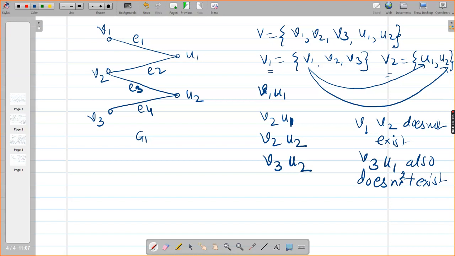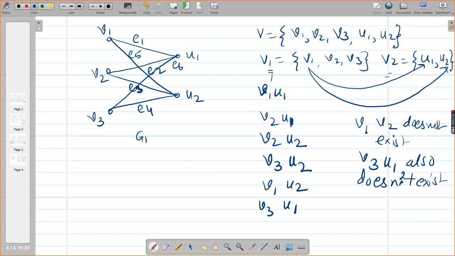Okay, so if I made V1 adjacent with U2 and V3 adjacent with U1, now what happens? Tell me, how will you define this situation? This is a bipartite graph only. I will add two more edges, E5 and E6. E5 becomes V1 U2 and V3 U1 is E6.